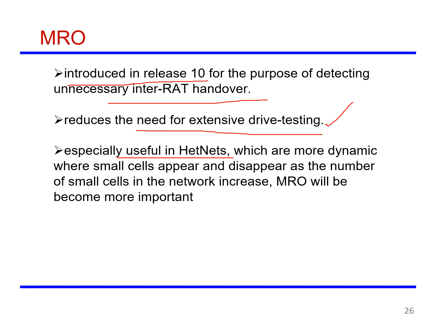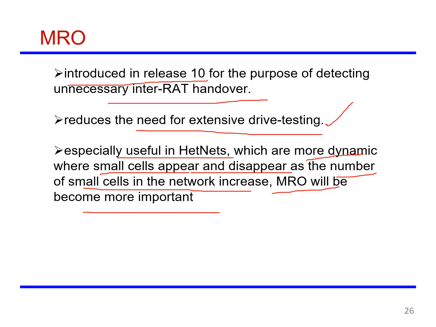In heterogeneous networks, the cells are adjusted more dynamically, depending on the load requirement and the mobility of the customer. If the load is high, small cells appear. If the load is less, they will disappear. So, the number of cells will increase, and obviously MRO will be more important, because the more cells, the more parameters and the more logs there will be.